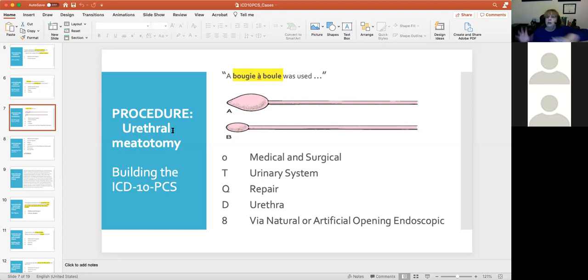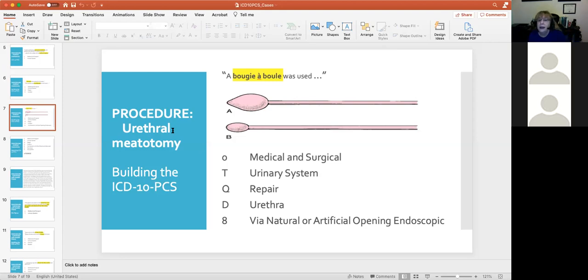Basically what you will see in the definition is that it is a metal rod with an attachment at the end that is inserted through a natural opening of the body.